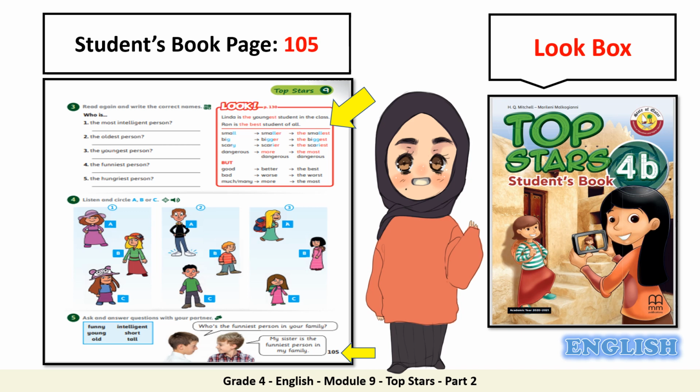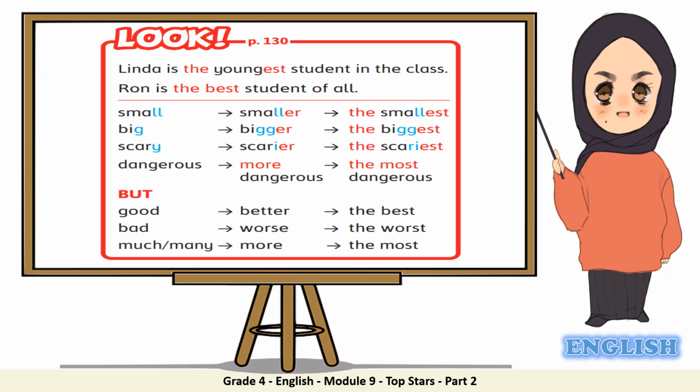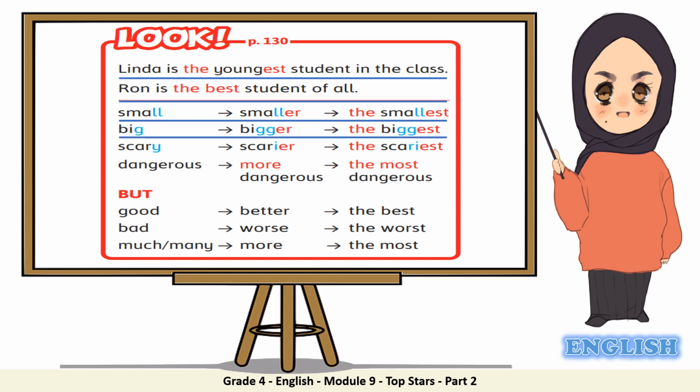Now let's read the logbox. Open your student's book, page number 105. Look! Linda is the youngest student in the class. Ron is the best student of all. Small, smaller, the smallest. Big, bigger, the biggest.